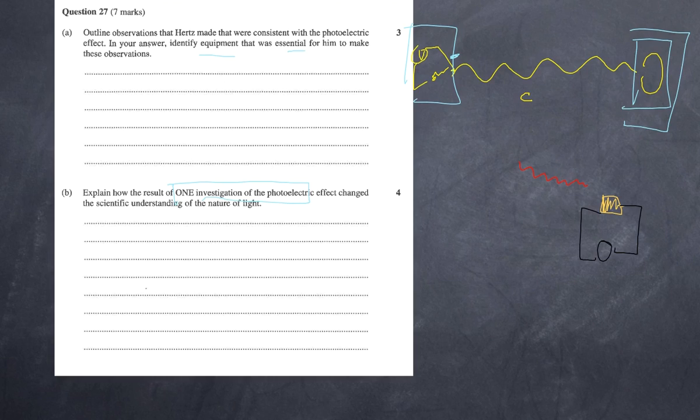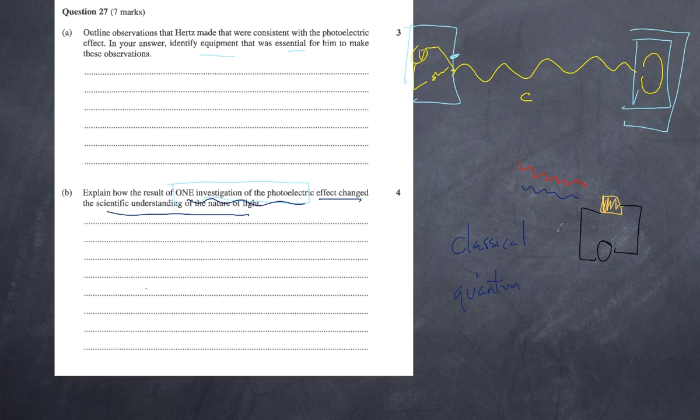But if I then fire blue light at it, I might get current to actually flow simply because photoelectrons are emitted from this solar cell. So that's the investigation, but now we need to talk about how that changed our scientific understanding of the nature of light. And of course, our understanding of the nature of light has changed from a classical model to a quantum model.